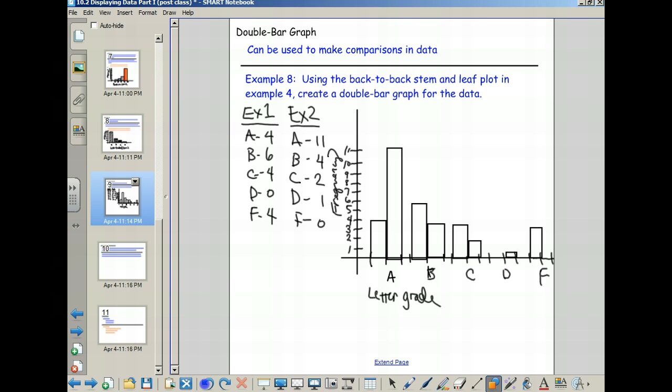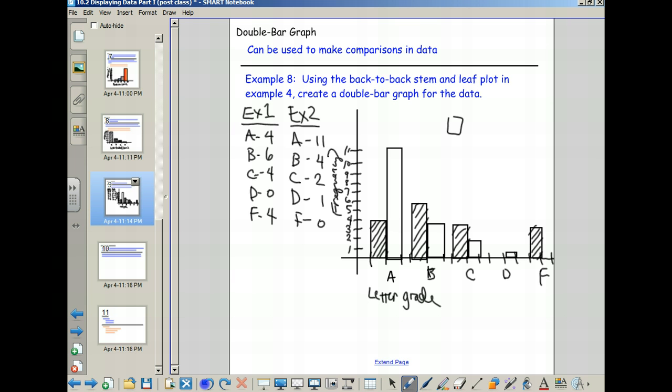Now, I showed you I can color these and they can look really pretty in a smart note, but in particular, you need to color this diagram to differentiate which one was exam 2 versus exam 1. So you can pick either different colors or you can pick shading going in different ways, which is what I'm going to model on this one. So this one's exam 1. All of my exam 1s are going to get shaded the same way.